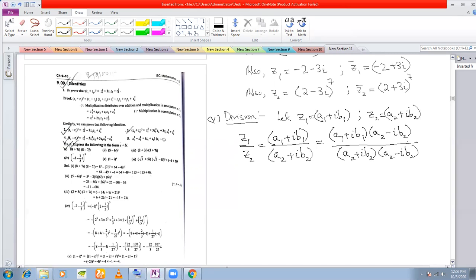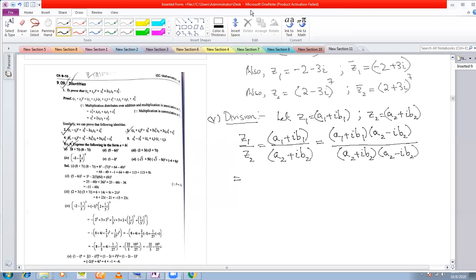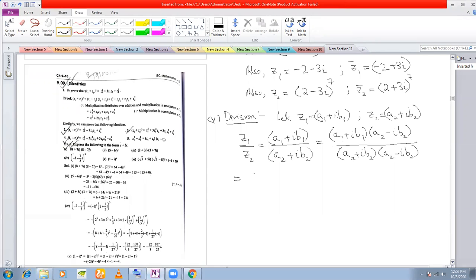Remember to multiply the numerator and denominator by the conjugate of the denominator. Now we multiply the numerator and the denominator. So a1 a2 minus i a1 b2, normal multiplication that we do, plus i b1 a2 minus i square b1 b2, whole divided by, this is a plus b into a minus b form.